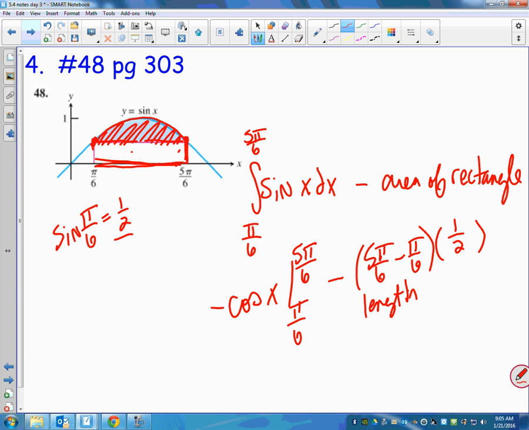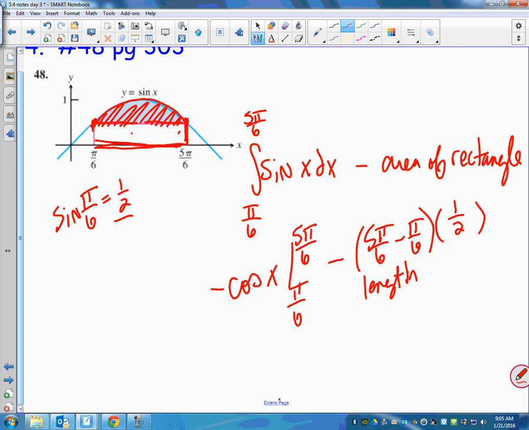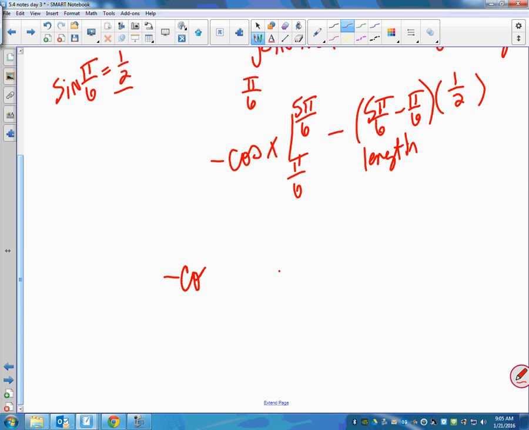Now we have to do some more tricks: negative cosine of 5π/6 minus negative cosine of π/6, minus 4π/6, which is 2π/3.